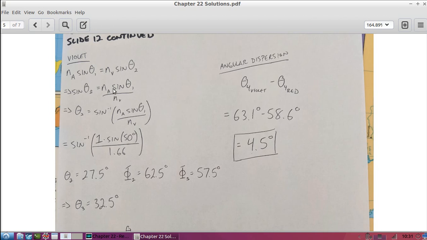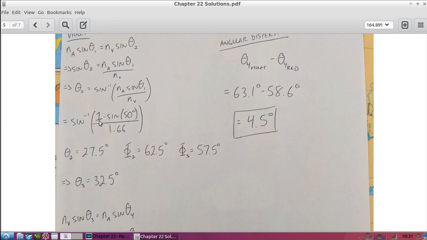Divide both sides by the index of refraction for violet, take the inverse sine of both sides, and plug my values in. Same initial incident angle. Remember, it comes in as white light and then gets dispersed into the different colors. So theta 2 for violet, the first refracted angle, is 27.5 degrees.